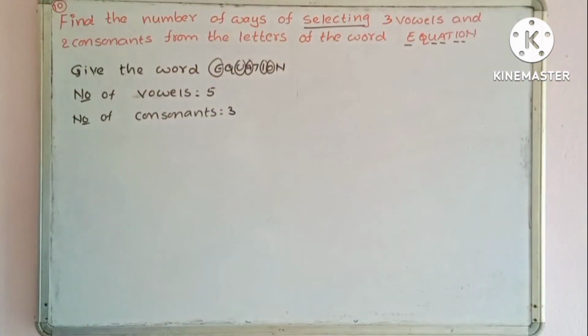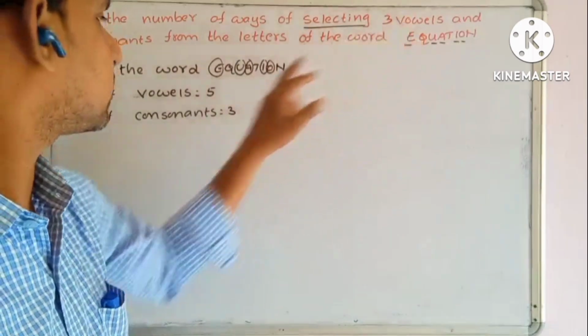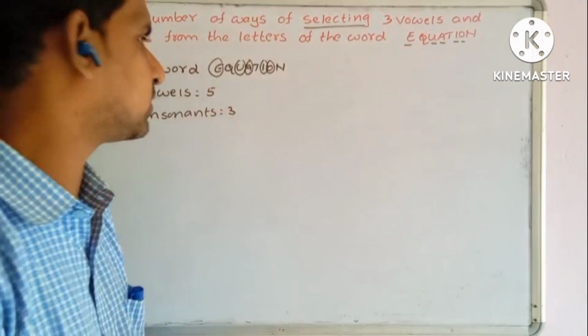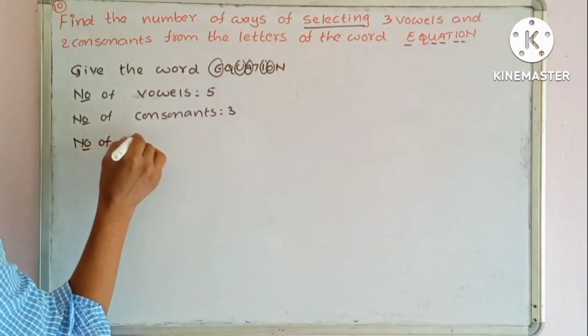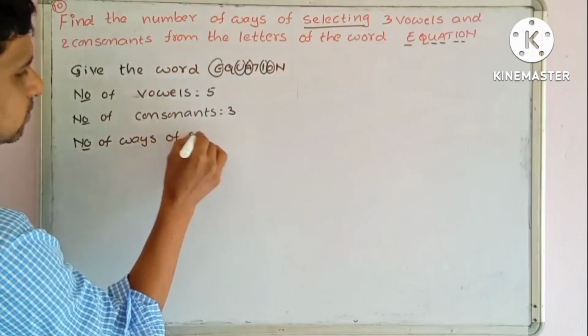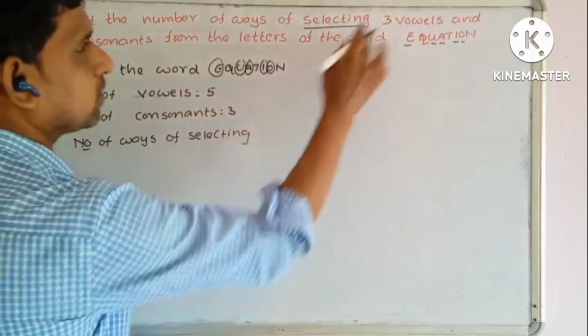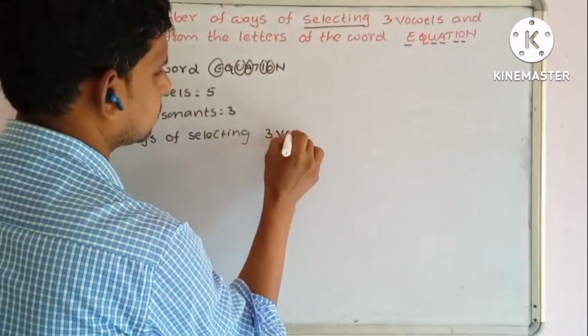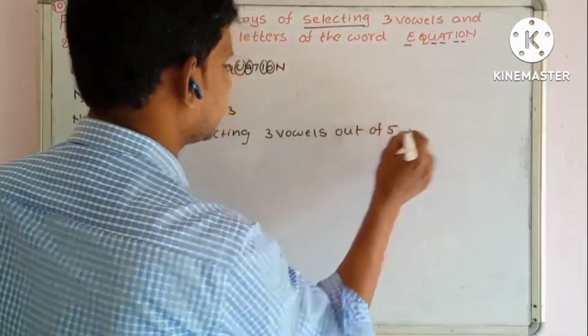See, number of ways of selecting 3 vowels. How many vowels are there here? 5 vowels. Number of ways of selecting 3 vowels out of 5 vowels.